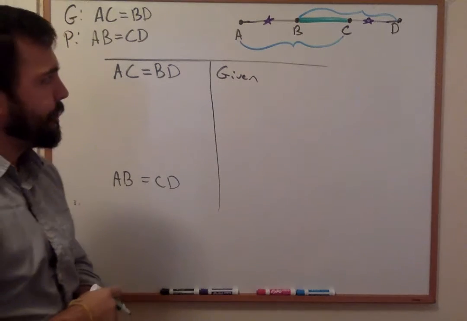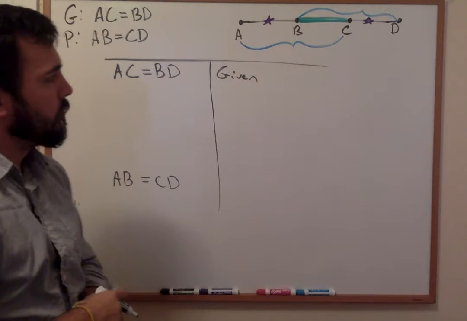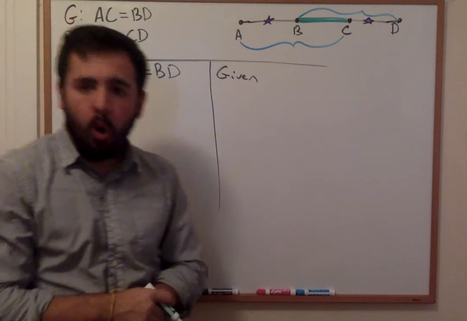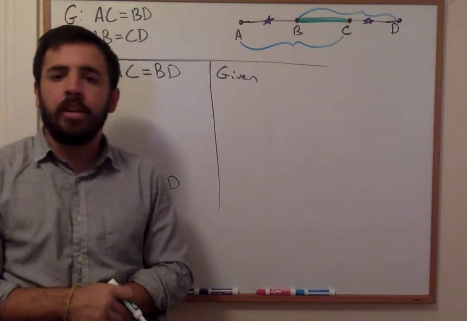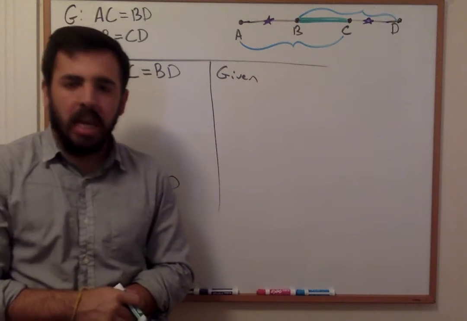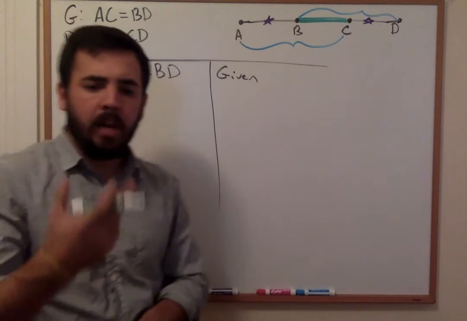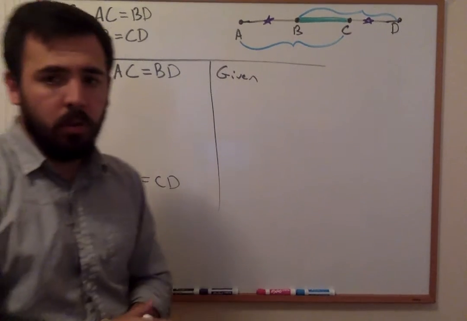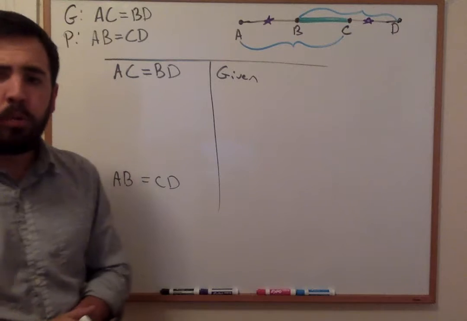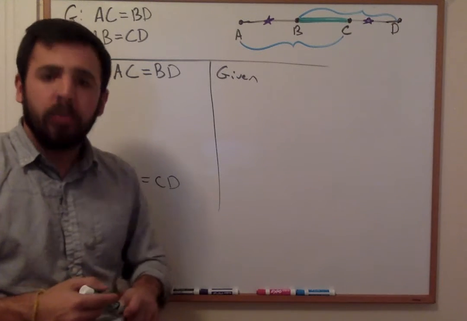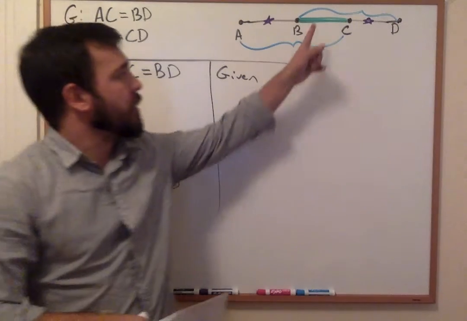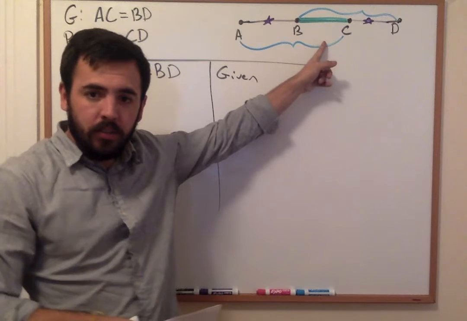So those two wholes that I know are equal, and which contain the parts that I'm trying to show are equal, both share the same part.